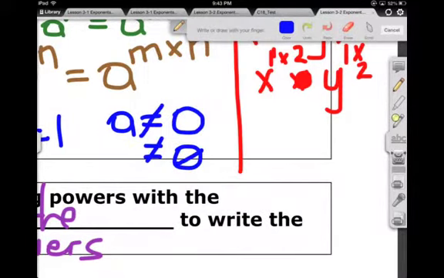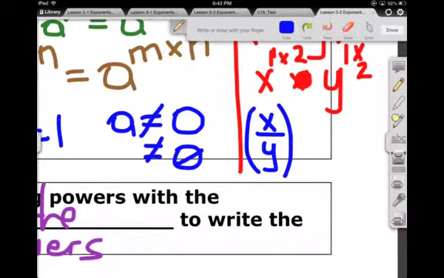So power of a quotient. If you had x over y, and that was to, let's say, some power. Let's call it n. Let's say these are to the 1. That this is x, and I'll say 1 times n.